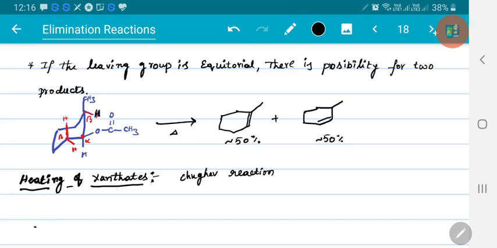I have taken an example: oxygen, C double bond S, again S, ethyl, on heating.